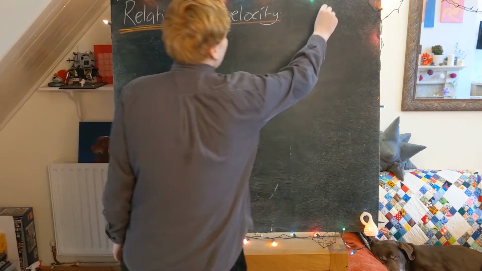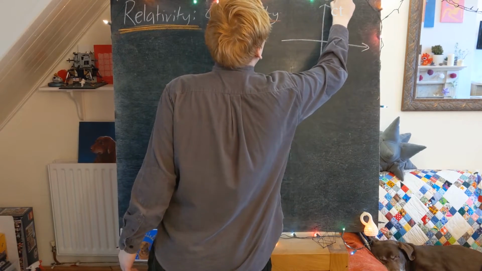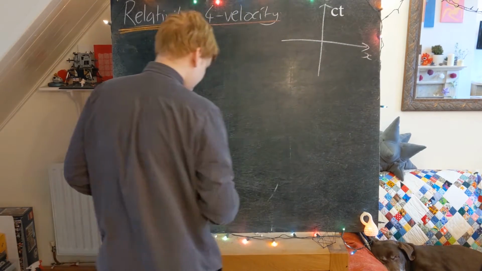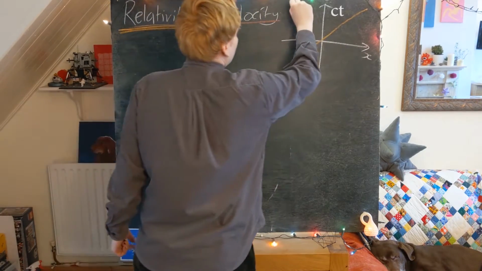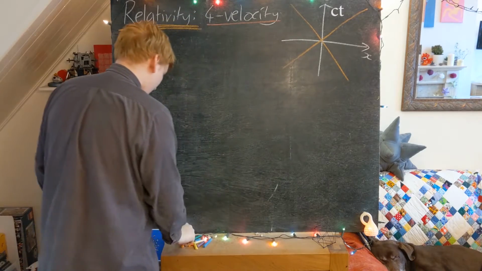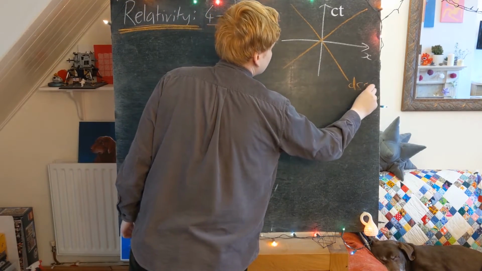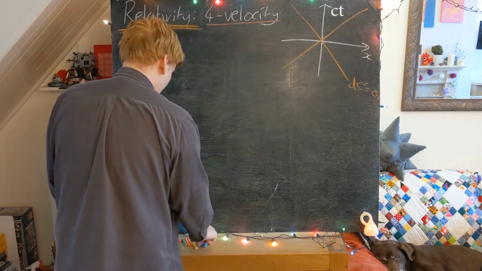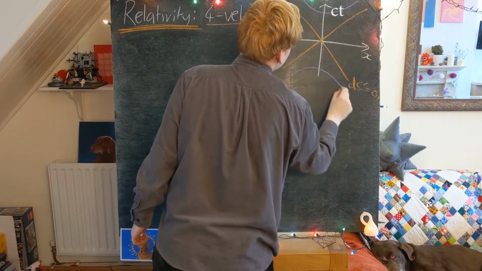So let's just keep drawing our space-time diagram for reference. Remembering we have our light cone, which is the zero separation from the origin, and then our positive and negative hyperbolas.